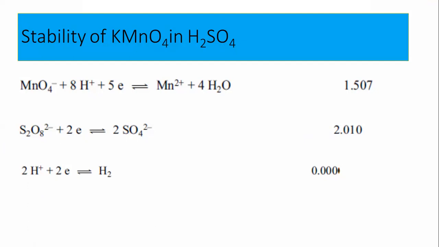No, sir, it won't react, because this is the cathode minus anode, and you will get the answer in minus. Minus means it is not going to react with the sulfate, and of course MnO4 is not going to react with H positive. So now you can use H2SO4 to maintain the pH of the KMnO4.